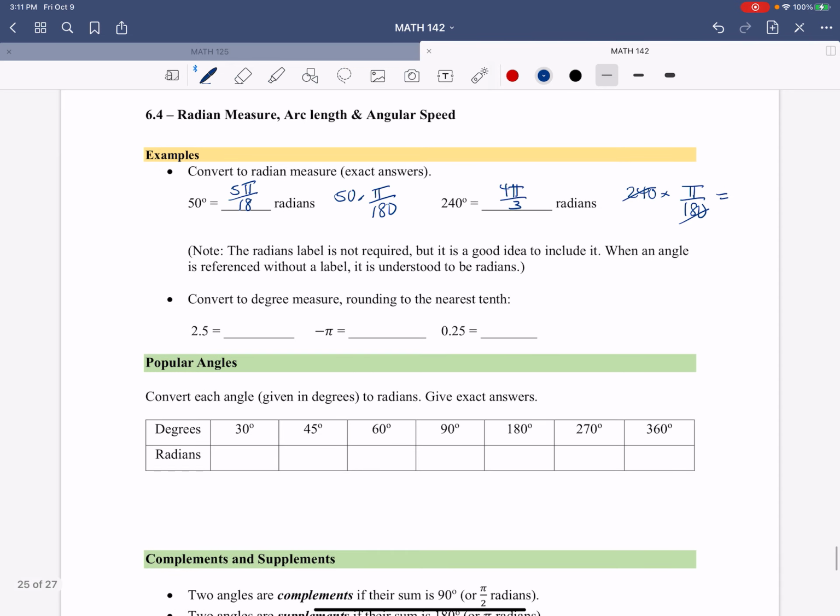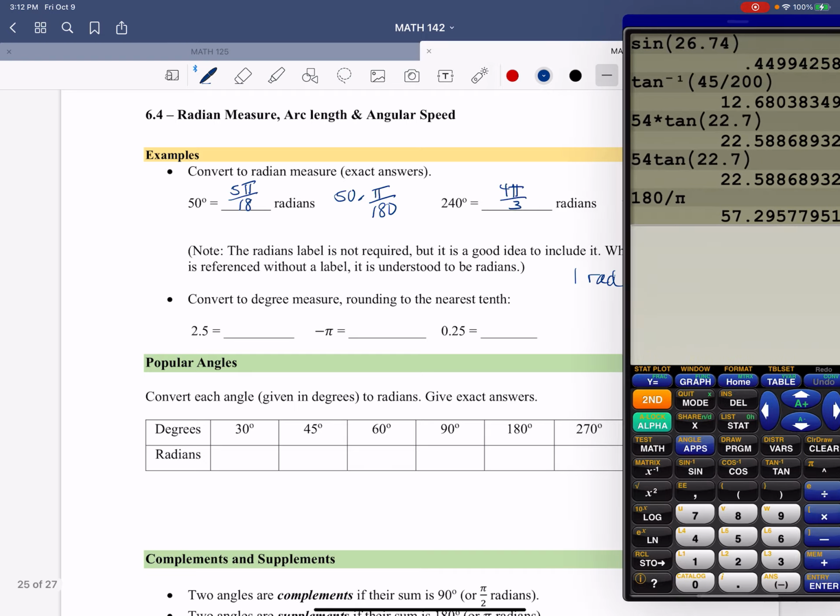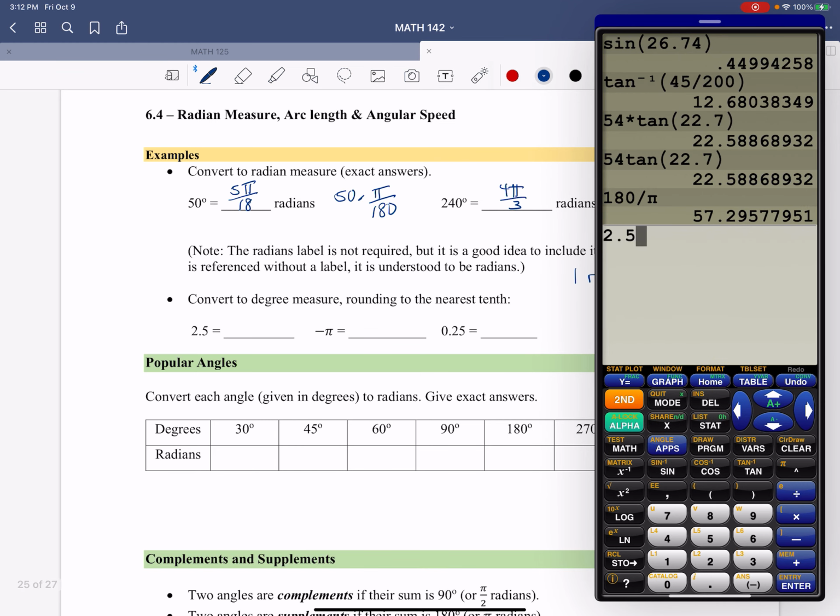So let's just convert radians to degrees. Now we know that 1 radian is 180 over pi degrees. So if I'm going from radians to degrees, I'm going to multiply by 180 over pi. So let's just see what we have here. 2.5 times 180 over pi. And yeah, that's approximate.